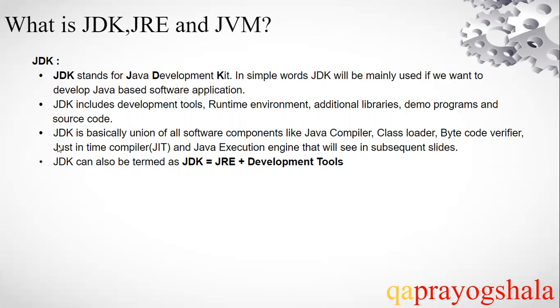Now, JDK is basically a union of many software components, like the compiler, class loader, bytecode verifier, and so on. JDK can also be termed as JRE plus development tools.